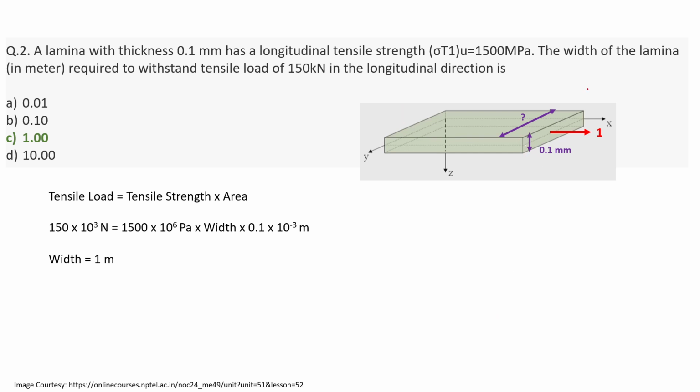The thickness and the width will give us the area, as that strength is applied in the direction 1, so we will take this cross section area. We know the thickness and the width is not known. We will put that in this equation, and from that we will get the value of the width in meter, as they asked. By converting all the units properly, we can get the final width in meter, that is 1 meter.